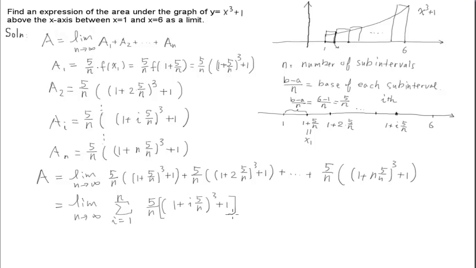Sometimes this 5 over n can be pulled out of this summation. Now, you cannot put 5 over n in front of the limit because n is changing, but we definitely can do that. It's 5 over n and sigma i from 1 to n over here, and we have 1 plus i times 5 over n cubed and plus 1.